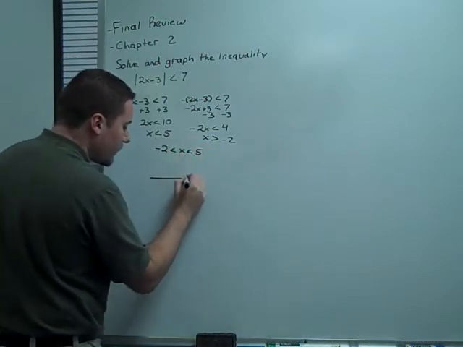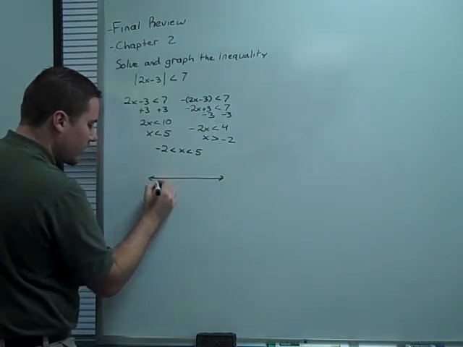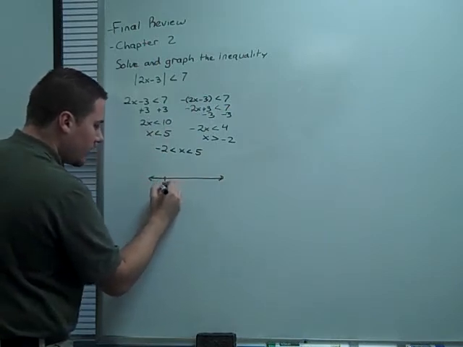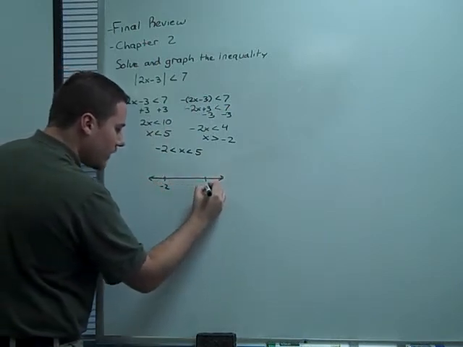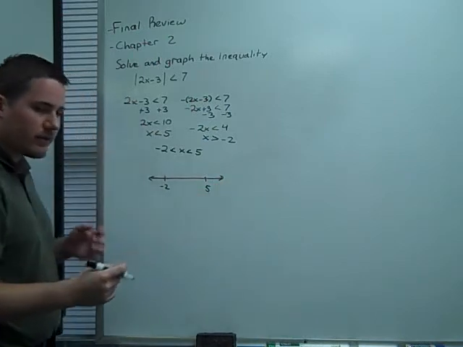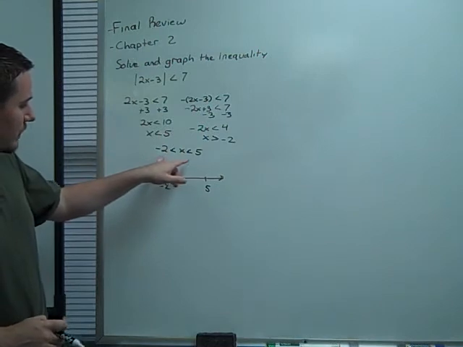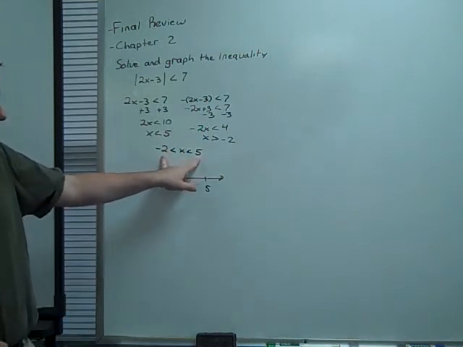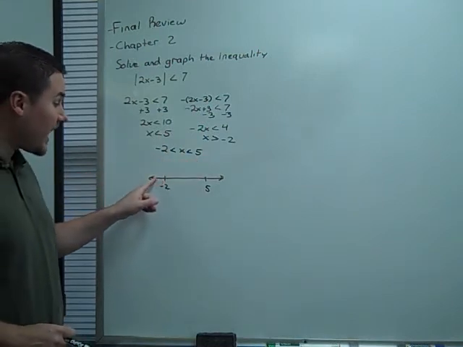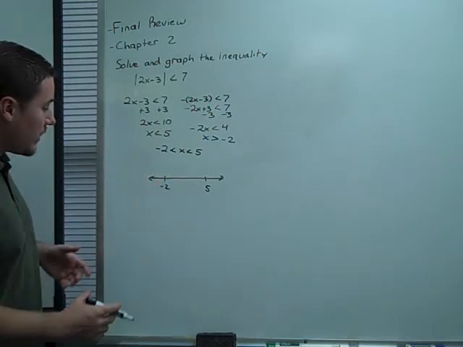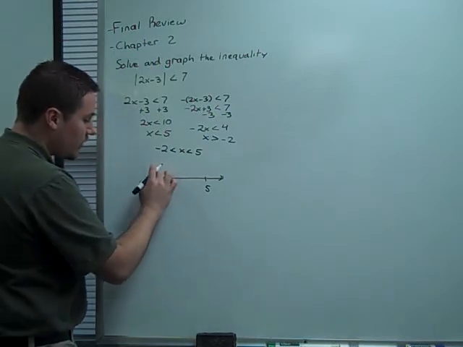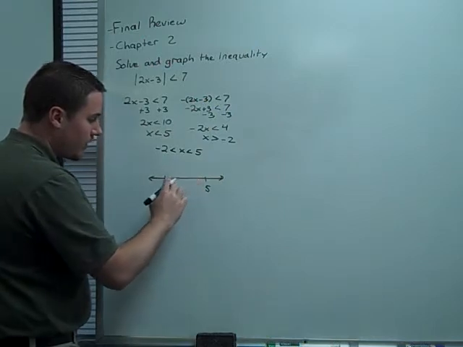And our graph is going to look something like this. Now, I don't believe in graphing every single point between negative 2 and 5. I get the point. The only numbers that we care about are negative 2 and 5. I also don't believe in graphing on the number line. It gets very messy. So we need to put our graph above the number line.